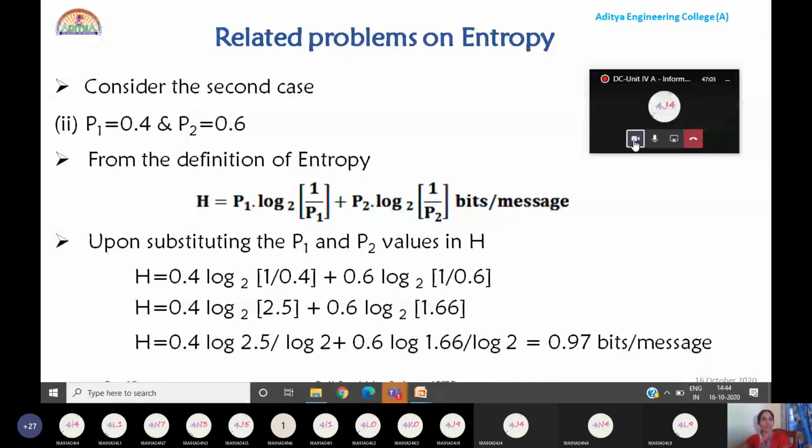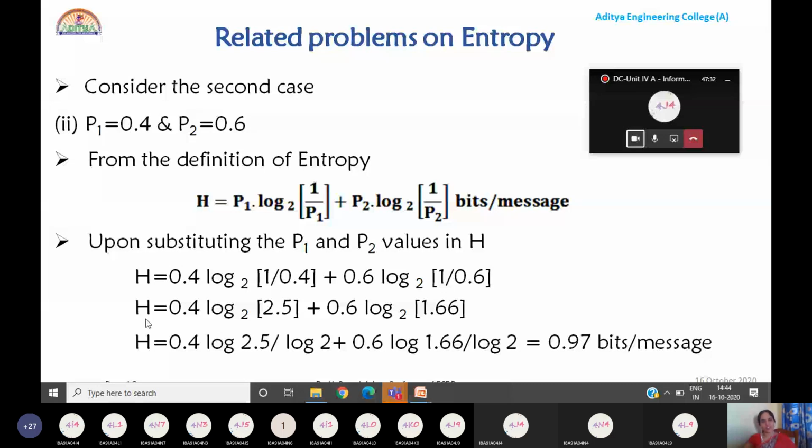Substituting P1 as 0.4 and P2 as 0.6, it will be 0.4 log 1 by 0.4 base 2 plus 0.6 log 1 by 0.6 base 2. 1 by 0.4 is 2.5 and 1 by 0.6 is 1.66, so the first term is log 2.5 base 2 and the second term is log 1.66 base 2.